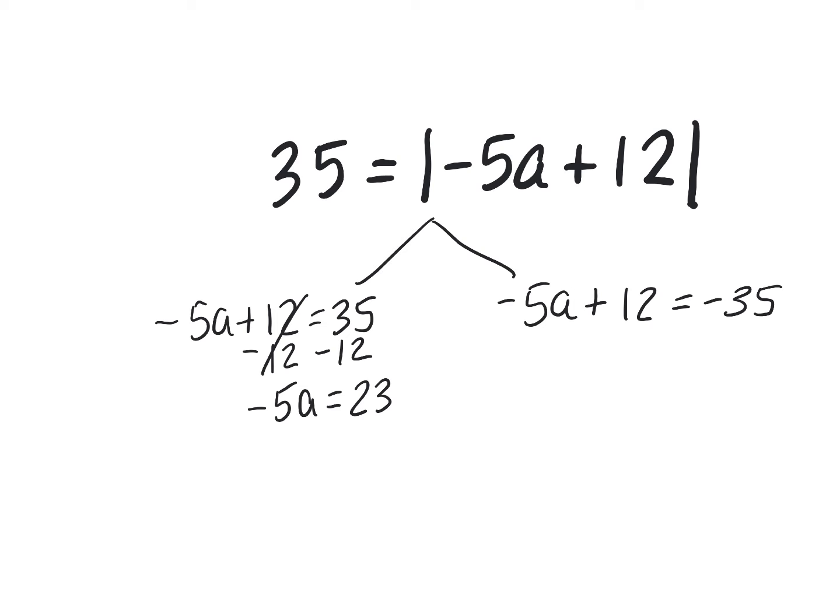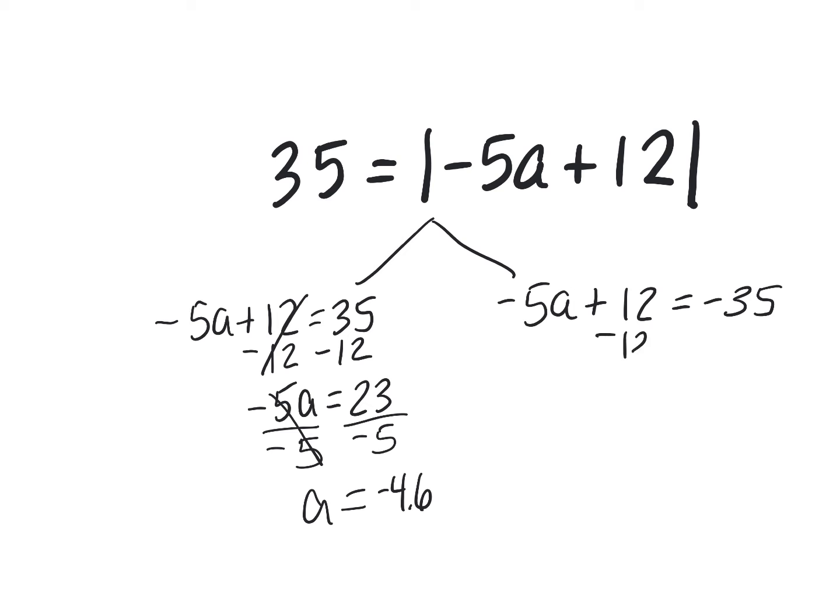I know you can do your subtraction and your addition and all of that, but you don't want to miss something just because. So now you're going to finish off by dividing both sides by negative 5, and a is going to be negative 23 divided by 5, so it'd be negative 4.6. I'm not even rounding, that comes out to be perfect.